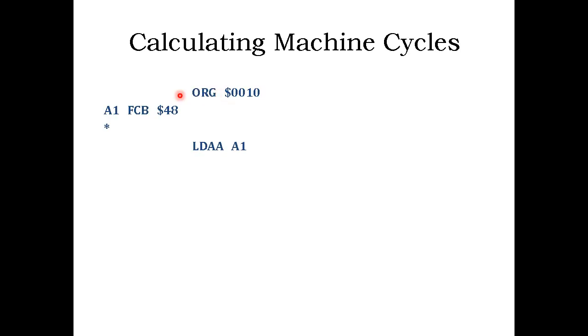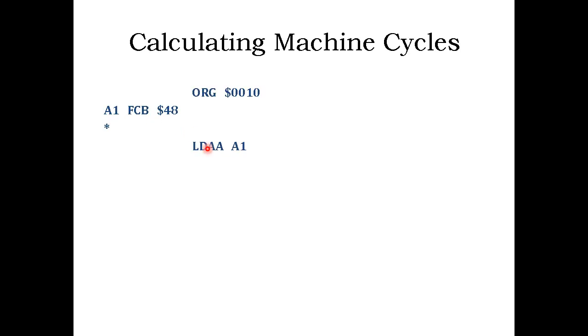What that means is this is a variable, A1, which is storing data, 48. Now, can you tell me what is the address of this A1? Of course, 0010, because you just said start from 0010. You just asked your assembler to start from 0010. So the address of this A1 is 0010.